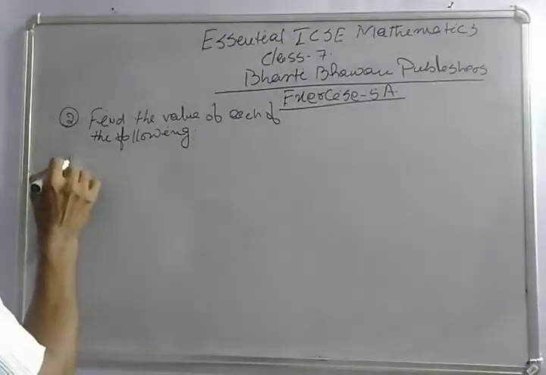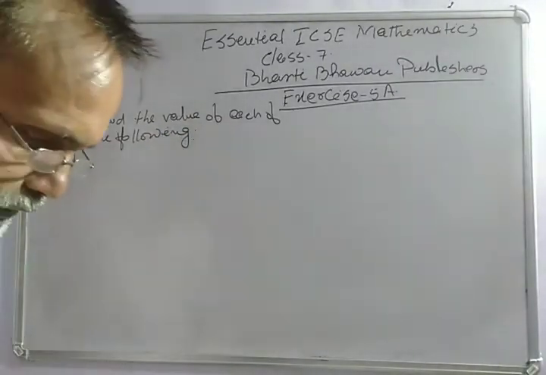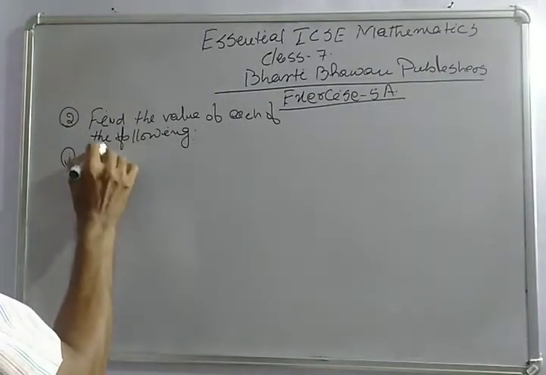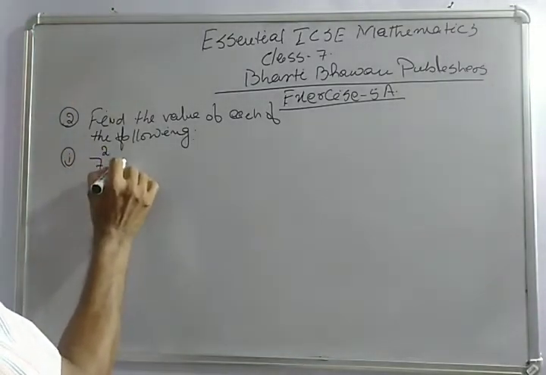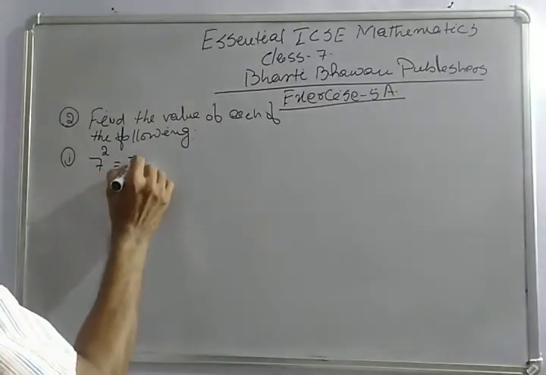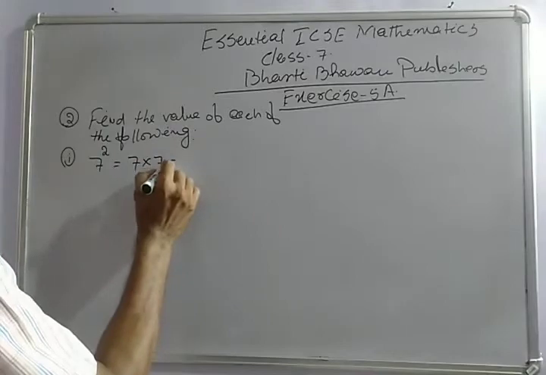Number 1 is 7 to the power 2. This is equal to 7 into 7, which is equal to 49.